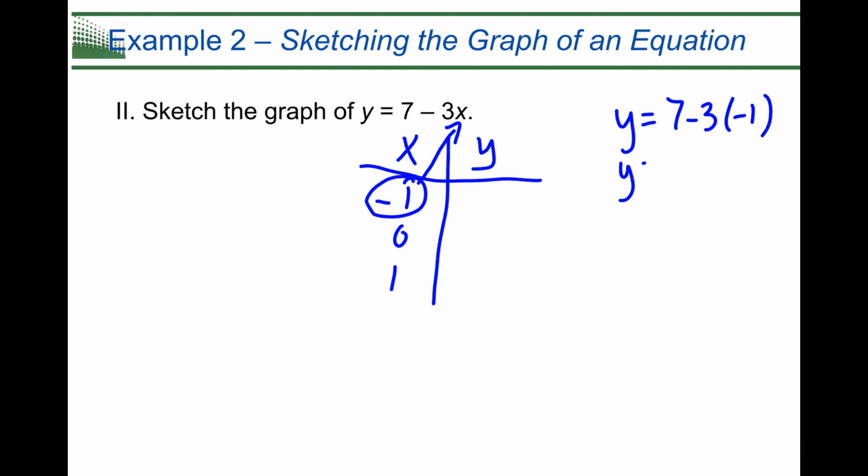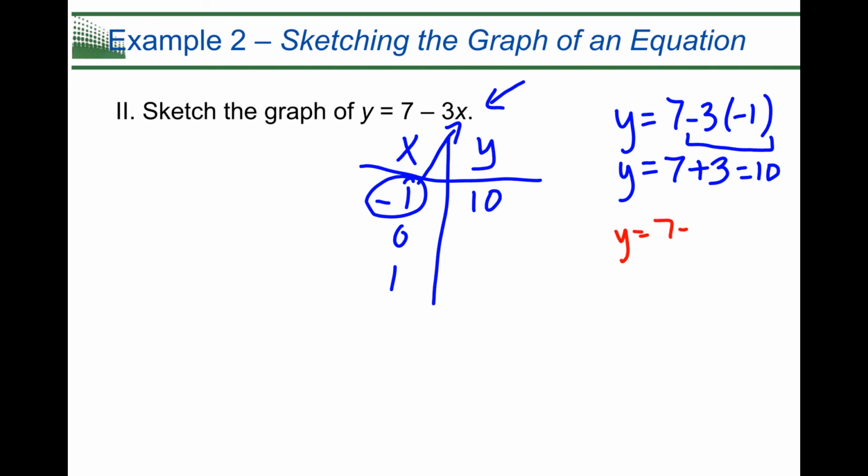So y is equal to, again, you do your multiplication first, so -3 times -1 gives me a positive 3, and then 7 plus 3 gives me 10. So I know if the x value is -1, then the corresponding y value for this equation would be positive 10.